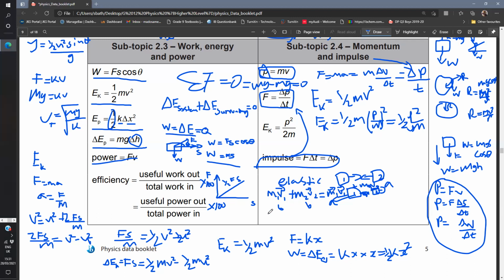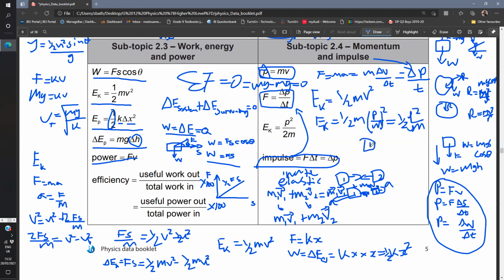Before I write the formula for that, this is basically for inelastic and elastic. This is the formula you're going to use, m1v1, m2v2. In a perfectly inelastic collision, they stick together and become one mass, and they move in the same direction.